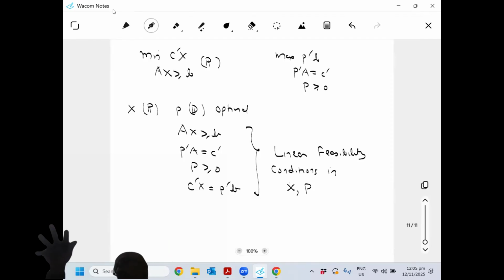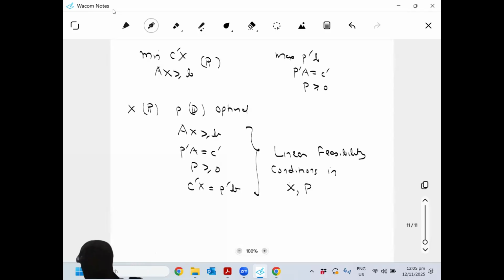If I take the ellipsoid method and apply it to this polyhedron defined by these linear conditions, the ellipsoid method solves the LP. But you don't have to go to primal dual space actually. Is that clear? You can take an optimization problem and think of it as a feasibility problem, except you use the dual variables, dual feasibility and strong duality. This is why duality is key to everything basically. Okay, let's stop here.